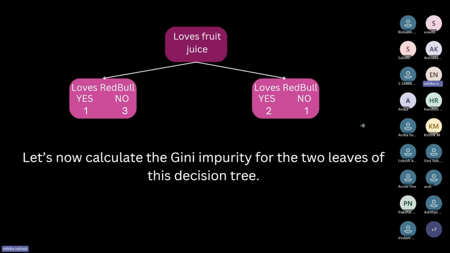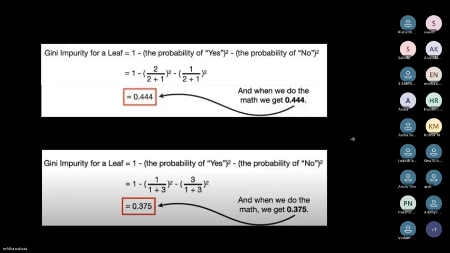So let's start with the love fruit juice tree. We'll calculate the Gini impurity of the side to the right and the side to the left, and take the weighted average of them for the entire tree. The probability of yes for the right side is 2 by 3 and no is 1 by 3. So we do 1 minus (2/3) squared minus (1/3) squared to get this value.